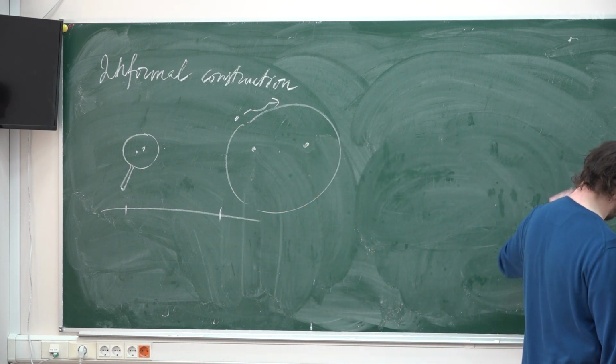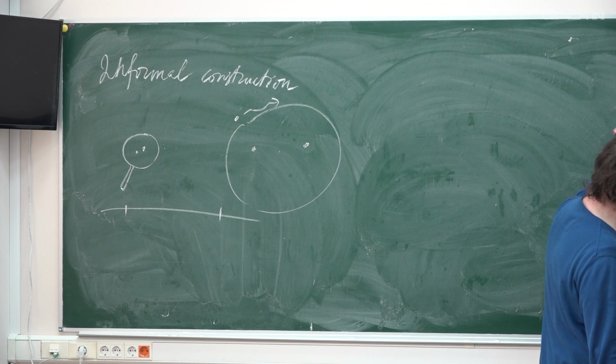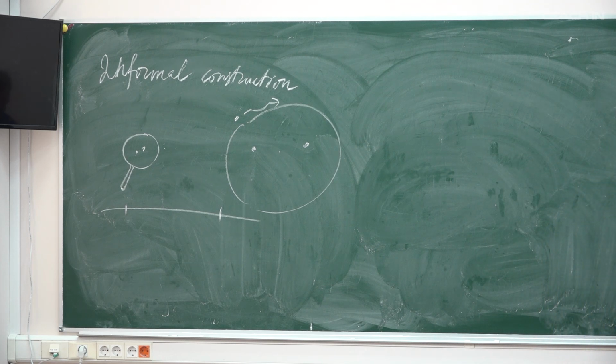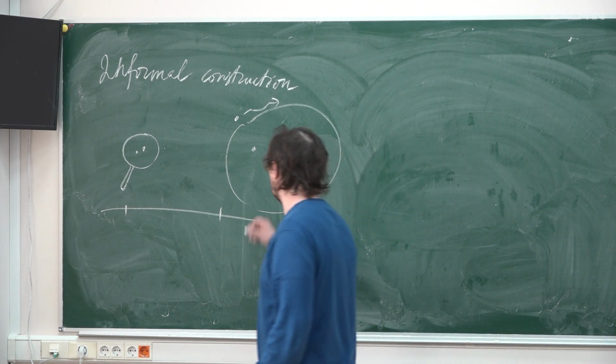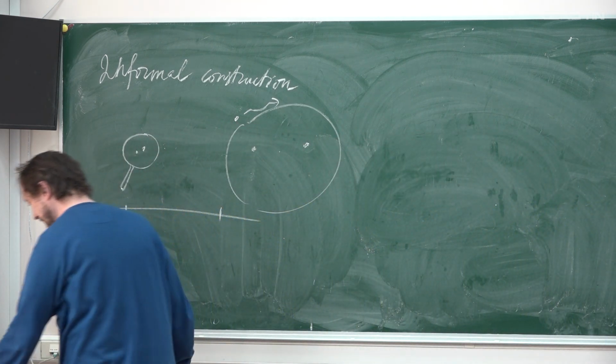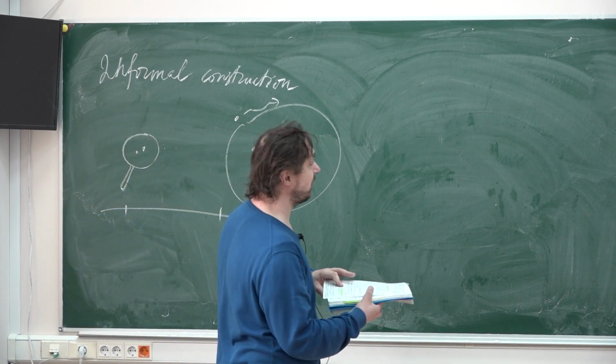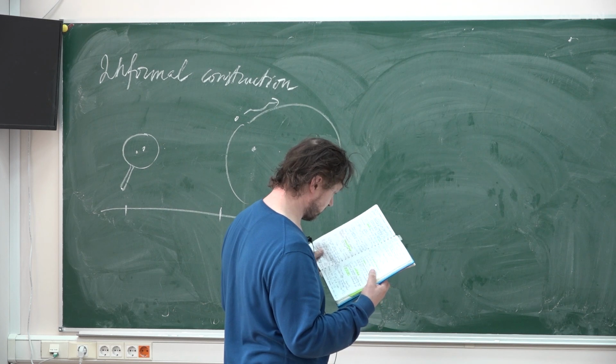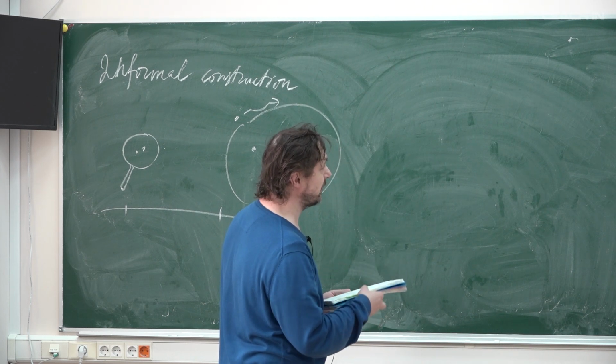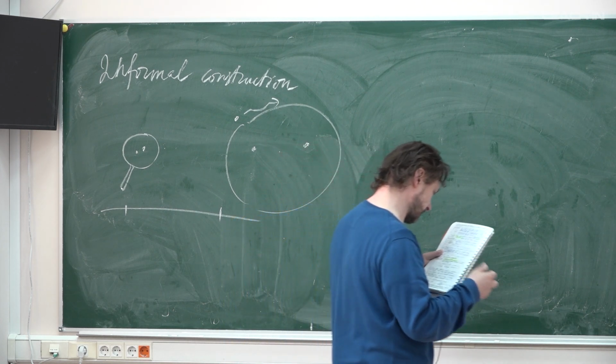But it says really very little about the geometry and topology of this compactified space. To obtain some information, it's better to take a look onto this kind of informal but very convenient construction. So let me begin with some examples.